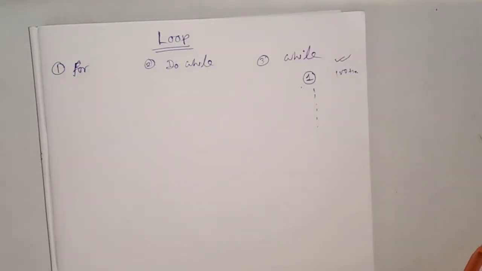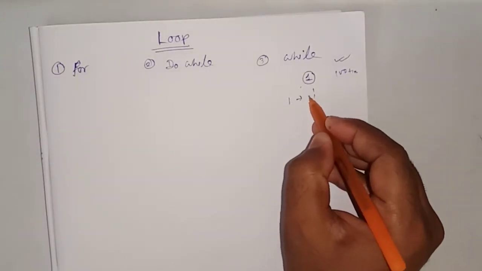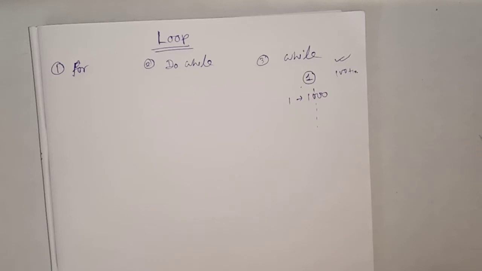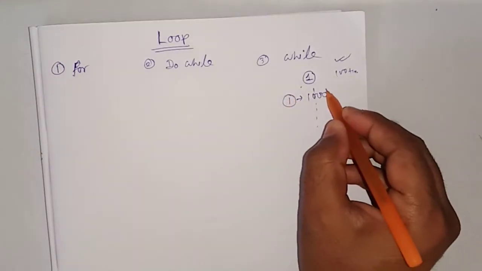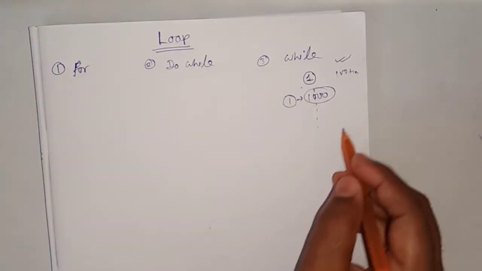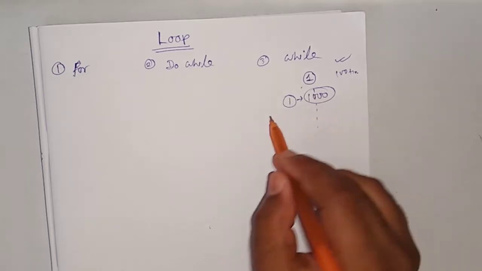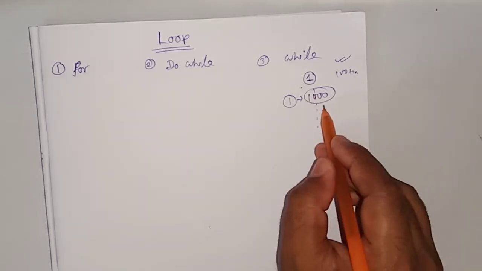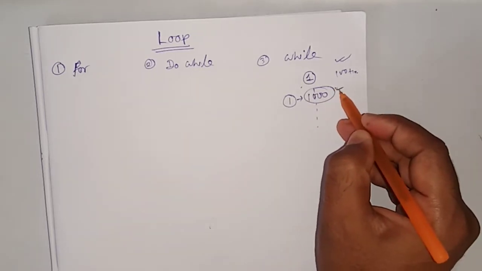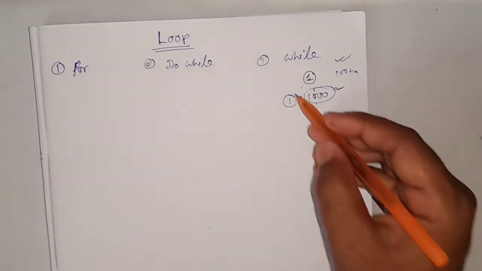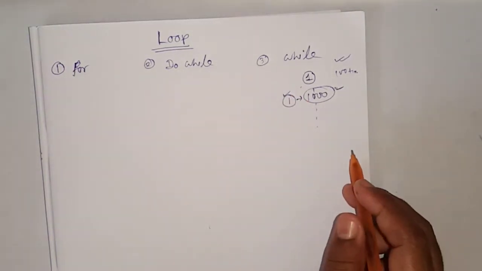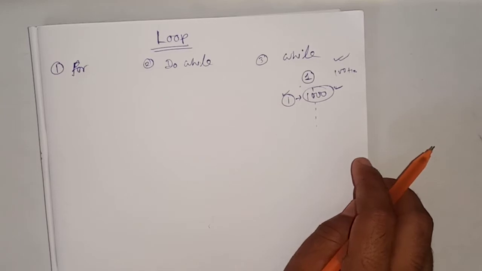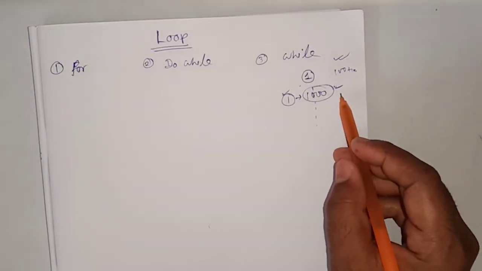Or suppose I tell you to print all values from 1 to 1000. So your starting value is present and your ending value is present. You write all numbers from the starting point until you reach the ending point, the final destination.